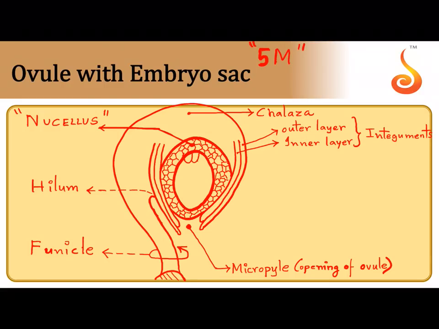Now let us draw the embryo sac. 3 cells at the chalazal end: 1, 2, 3. What should I label them? Now you don't have to label the cells in the exam, but it's better if you do. These cells are called antipodals. Then, what are the 2 nuclei in the center? I told you 2 nuclei migrate to the center. They may or may not fuse later.